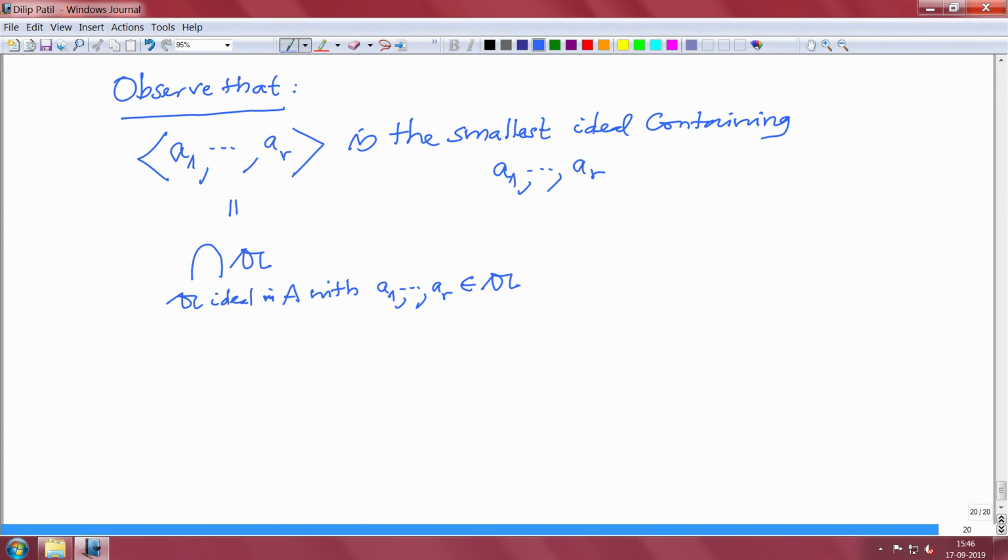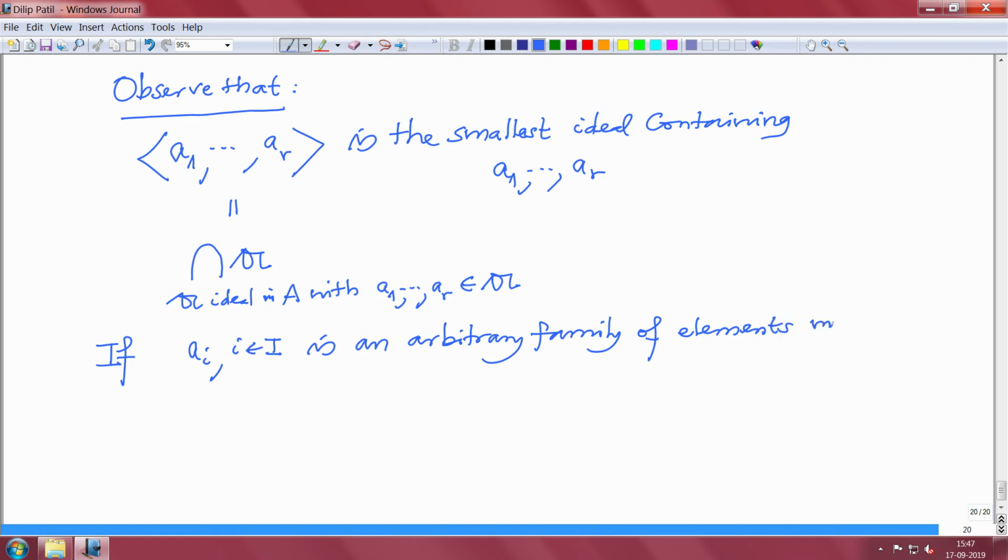Now if you have not finitely many elements but an arbitrary family. So now I will write, if a_i, i in I, is an arbitrary family of elements in the ring A, then obviously now the other side is very good.